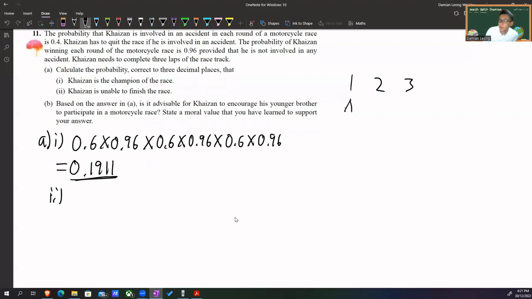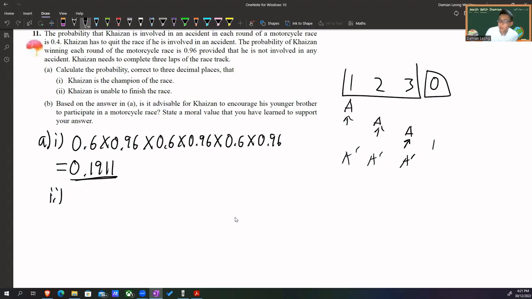First round accident, second round accident, or third round accident, or none at all. No accidents. So no accidents means this one no, this one no, this one no. So basically there's only these 4 cases.